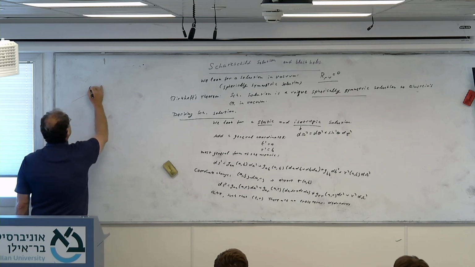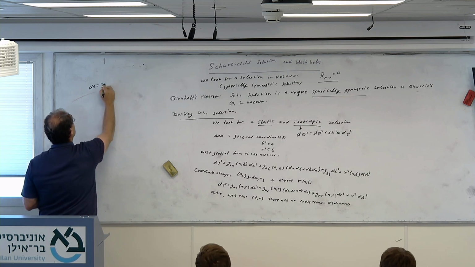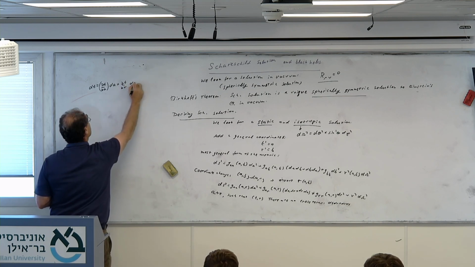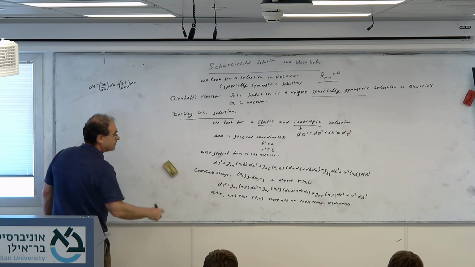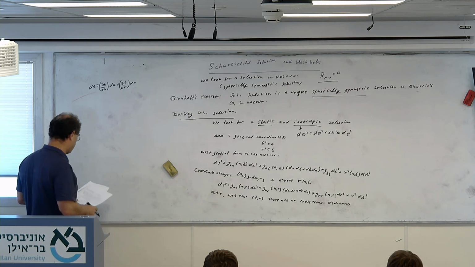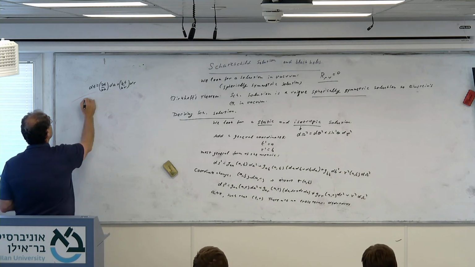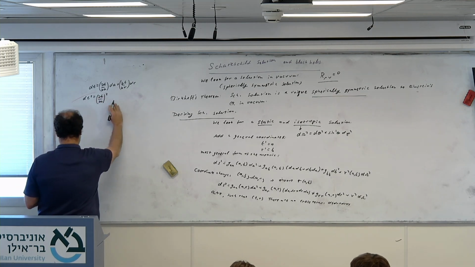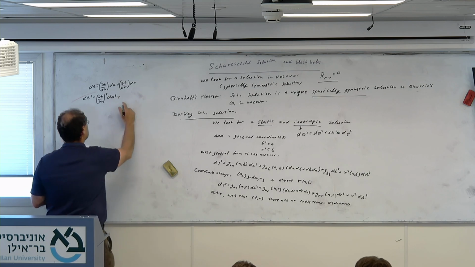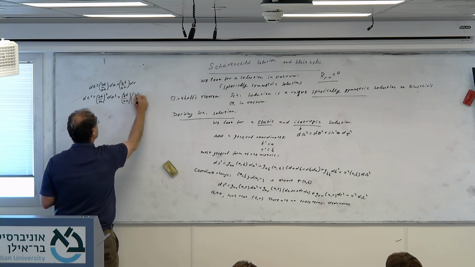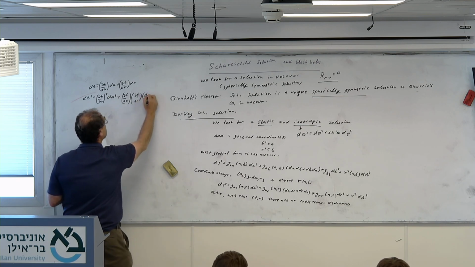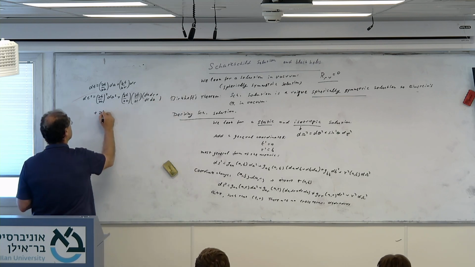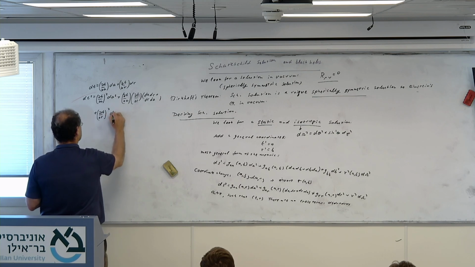Now I can write down dt as dt/dA dA plus dt/dr dr. So t is a function of a and r. Okay, that is perfectly legitimate, which means that dt squared is equal to (dt/dA) squared dA squared plus (dt/dA)(dt/dr) dA dr plus dr dA, plus (dt/dr) squared dr squared.